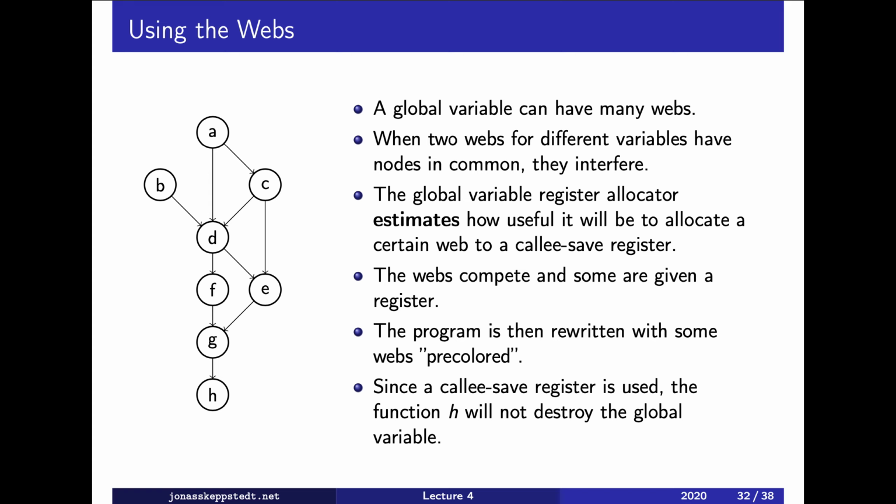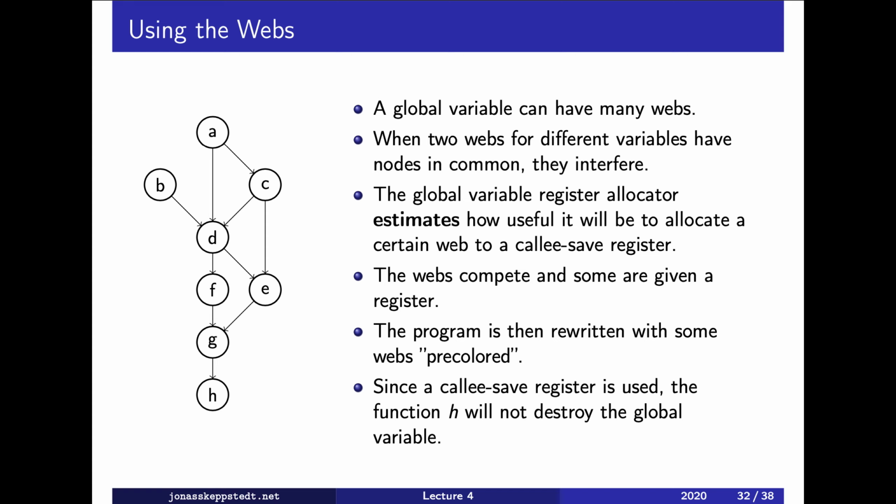For each variable, one such web is created, or at least one. Each variable has its own webs, which is quite obvious. And if the webs intersect, if the intersection is non-empty, then these webs interfere.